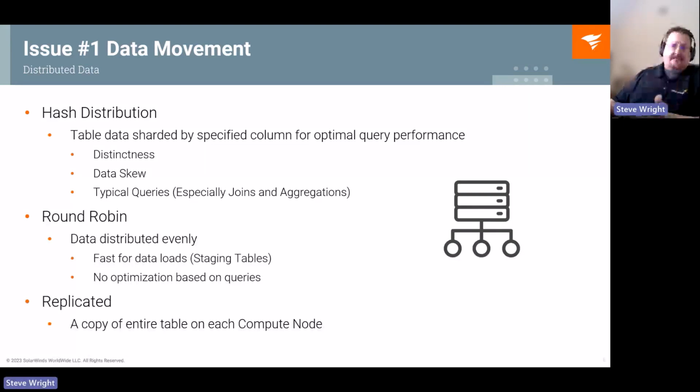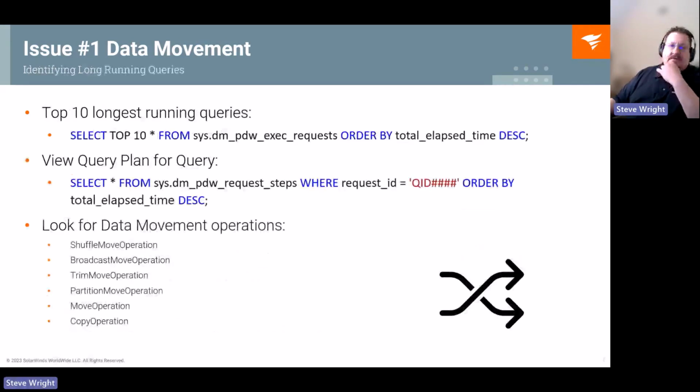So how do you find out how big of an issue this is on my dedicated SQL pool? There are a couple of basic queries you can run to identify these issues. Just like in standard SQL Server, there's a similar system view in your dedicated SQL pools, your exec requests view. Notice it just has that additional little PDW built into it.